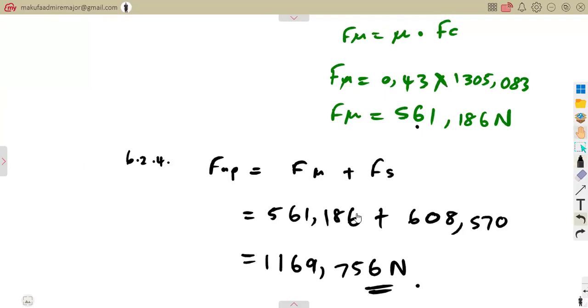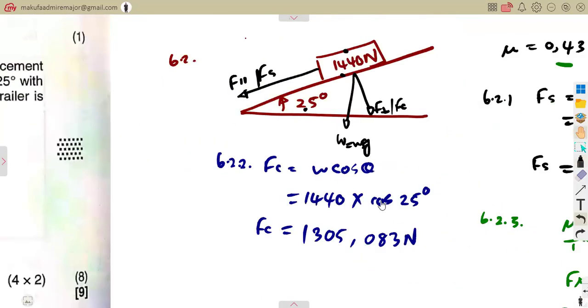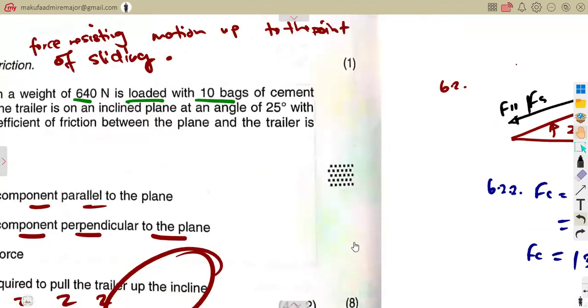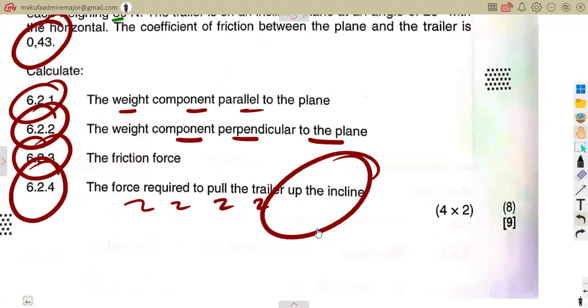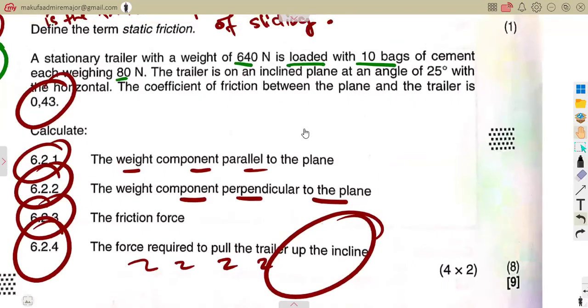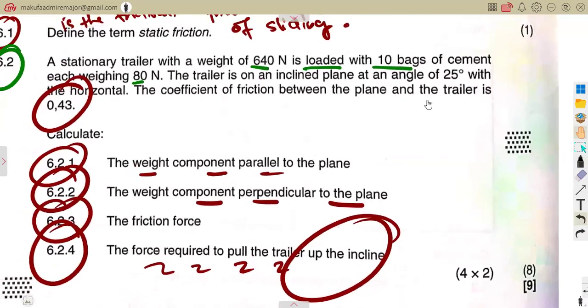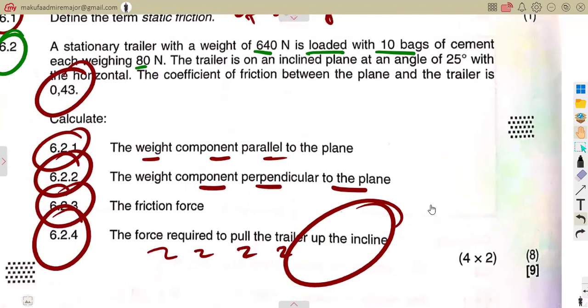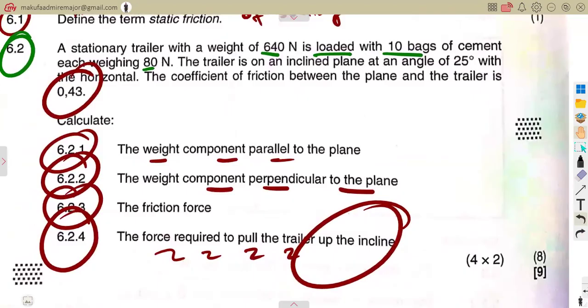So make sure that you do understand how the question is given, the information that you're given there. There you had to combine the load, or the weight of the cement and the trailer which is carrying that cement. So it becomes your total weight in that case. So you see how they try to confuse you guys.